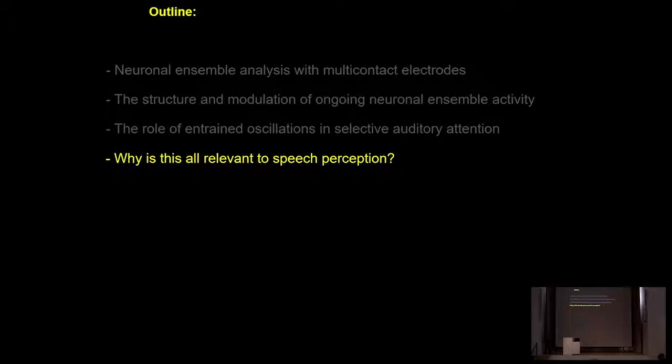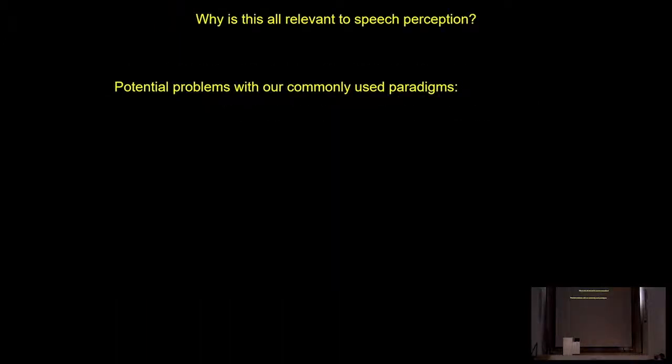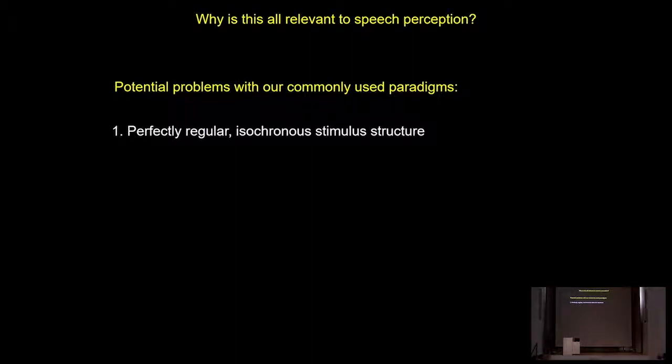So now I come to the second half of the talk. Why is this all relevant to speech perception? So why should we care? Especially given that there are some problems with our most commonly used paradigms. The first one is that most of the time we use perfectly regular isochronous stimulation, like in the study that I showed you before.